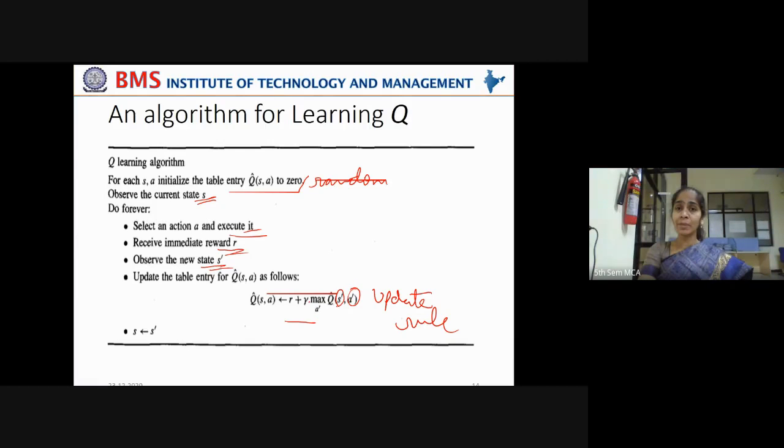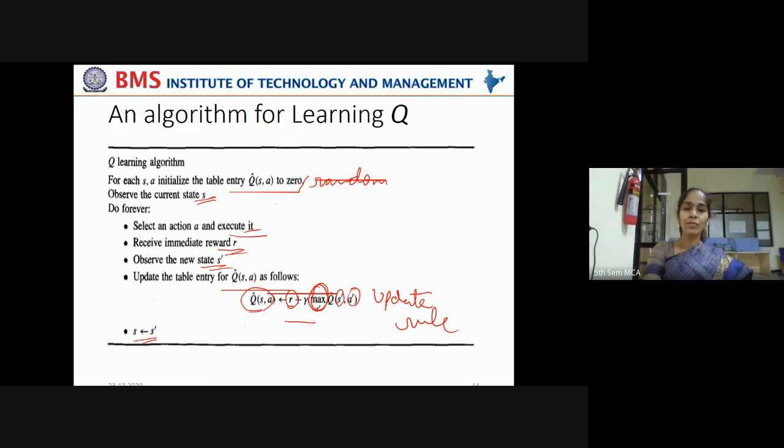Many such steps are taken, right? Among those, which sequence of steps is the best, which will accumulate maximum reward points? That value is added to the immediate reward value, and the entry in the table is updated. That is the estimation of the Q function for moving from state S by taking an action A.